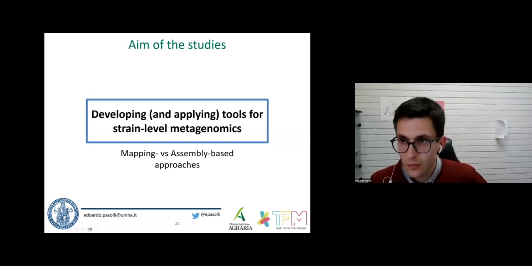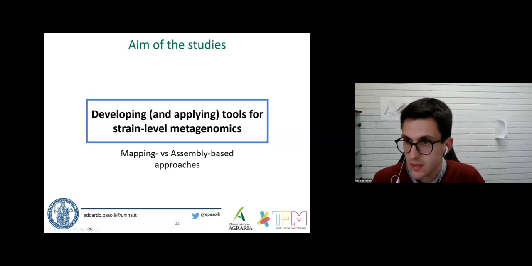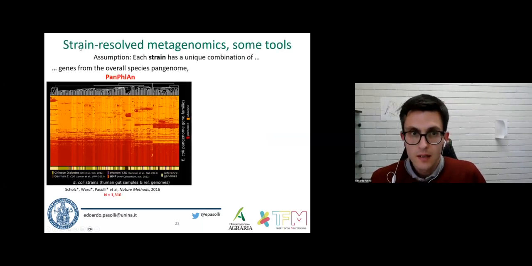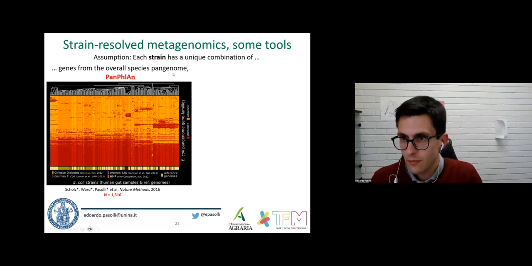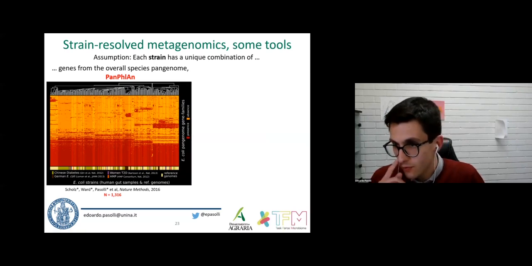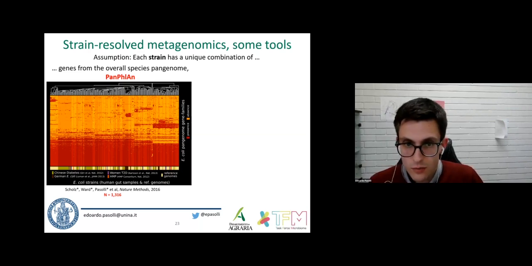In this field, we can think of two main approaches: mapping-based versus assembly-based approaches. I started with the mapping-based approaches. Here, for mapping-based approaches for strain level metagenomics, there are different tools. I'm showing here a couple of examples of tools in which I was involved, and I have used in different applications, but of course there are many other options.